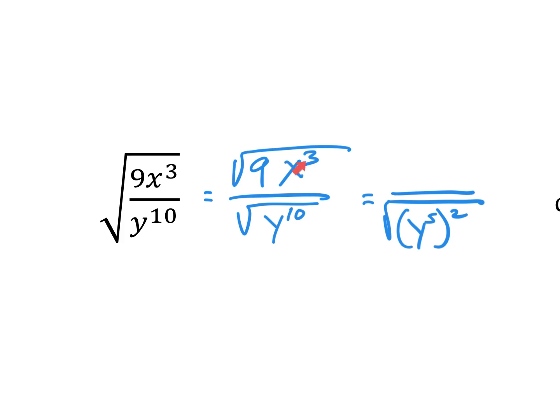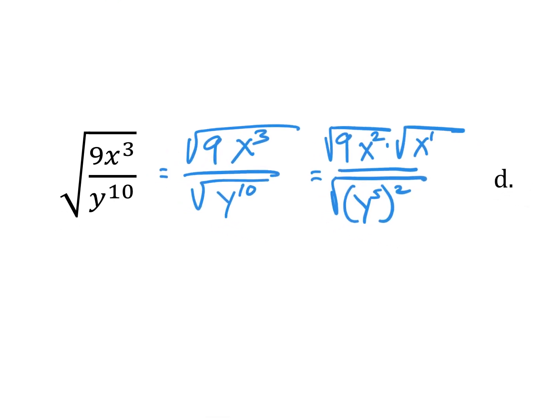Can we simplify this? Nope. But we can simplify part of it. Do you know the square root of 9? We sure do. Do we know the square root of x to the third? No, but we can break it up into x squared, which we can take the square root of, and x to the first.